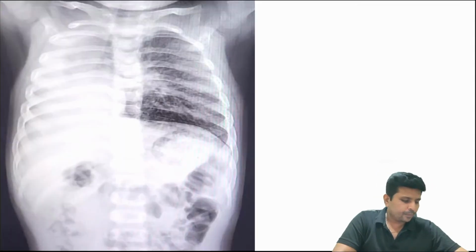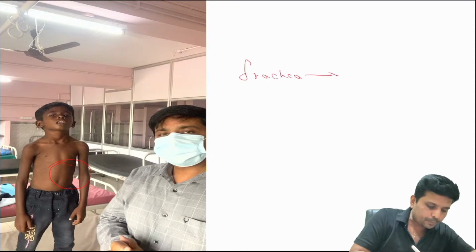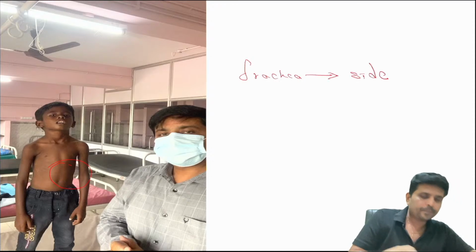This is undue prominence of the clavicular head of the sternocleidomastoid muscle. When one side is so prominent, what does it mean? It means the trachea is pulled to that side.